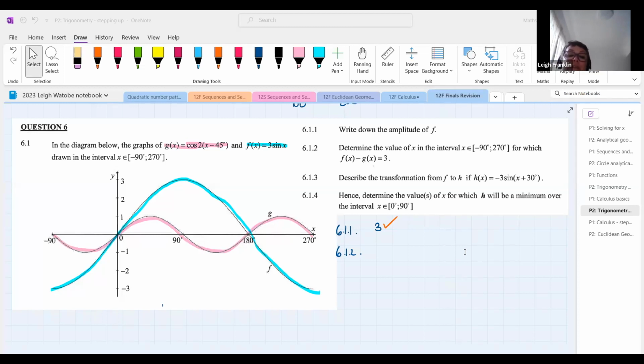So the difference in the y's on f to the y's on g, the difference is going to be 3. Where does that happen? Can anybody tell me for which value of x this is happening?